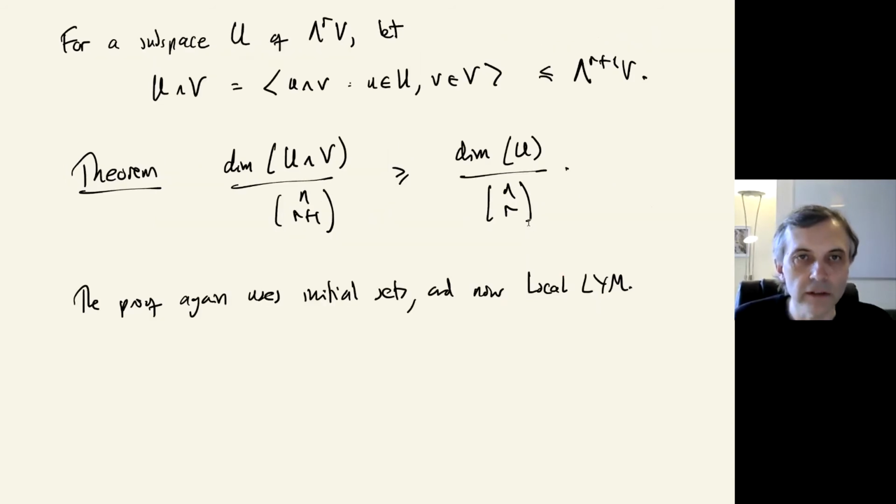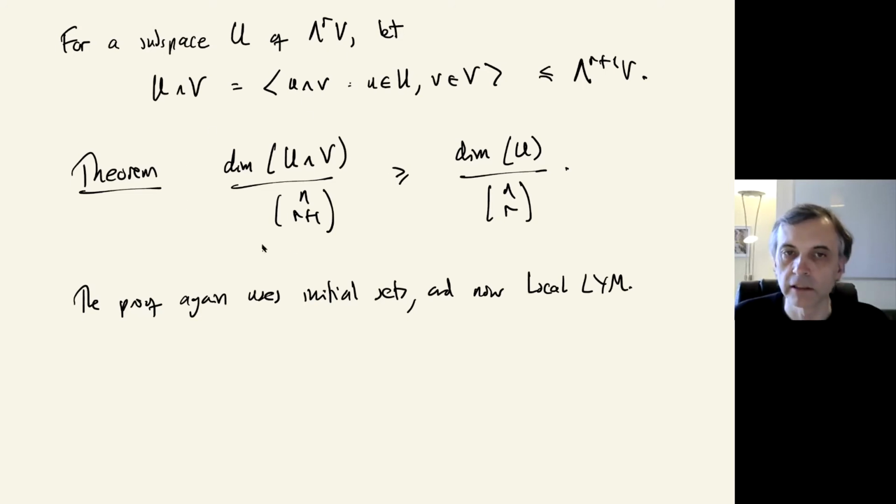Okay, so here's the theorem. Again, I've just written the definition back at the top. The theorem says that if U is a subspace of the rth exterior power, and remember our V has dimension n, then the dimension of U wedge V divided by n choose r+1 is at least the dimension of U over n choose r. Remember, n choose r is the dimension of the rth exterior power, and n choose r+1 is the dimension of the (r+1)st exterior power.